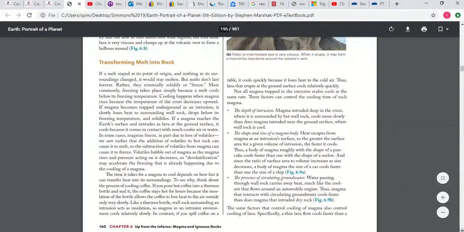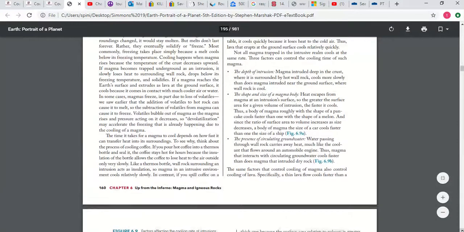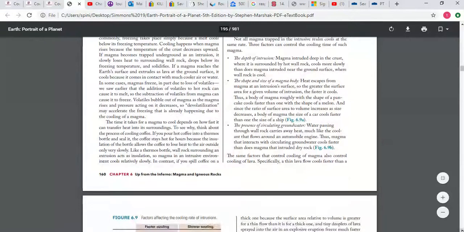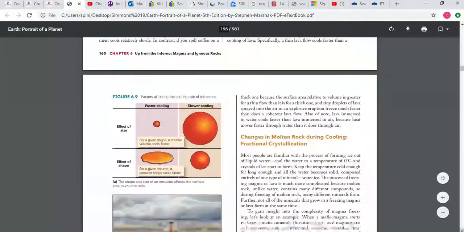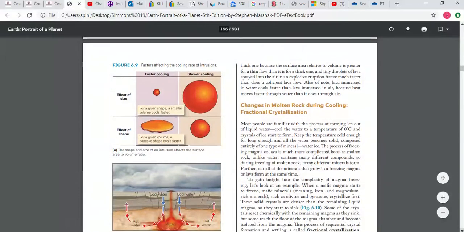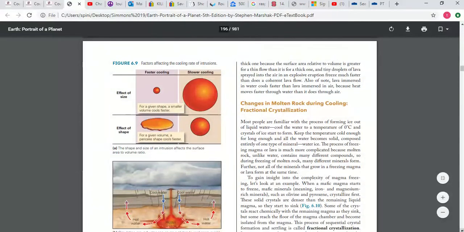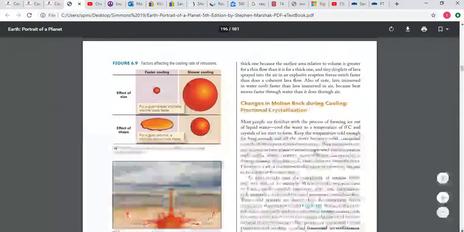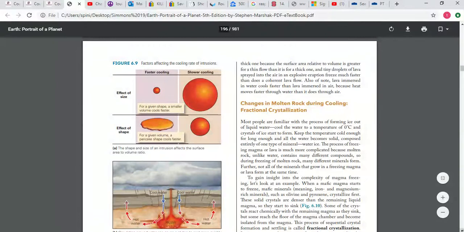So it has to do not only with what's in the molten material itself, but also the temperature. It might come out really, really hot and flow very freely, but as that lava gets farther away from the heat source and begins to cool down, it probably slows down, and then of course eventually turns into rock.